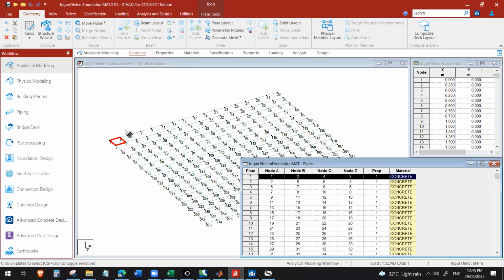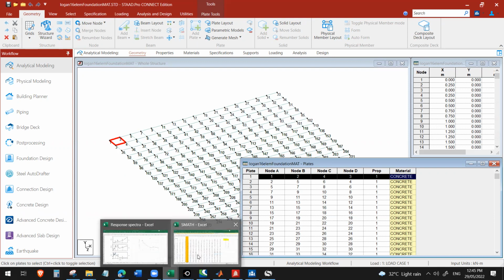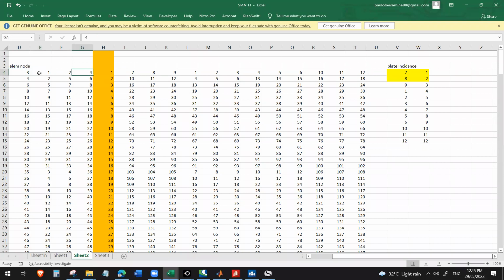So this is 3, 1, 2, 4. With that, let's say I copied this and pasted it here. I just switched the position of 4 and 3. So, I took 3 to the front. Because I have a formula to set up the corresponding incidence. If this is node 3, what are its DOFs? That will be 7, 8, 9. This is node 1. Its incidence is 1, 2, 3.